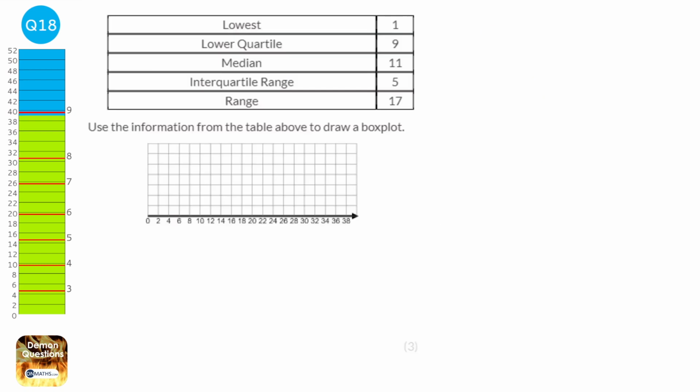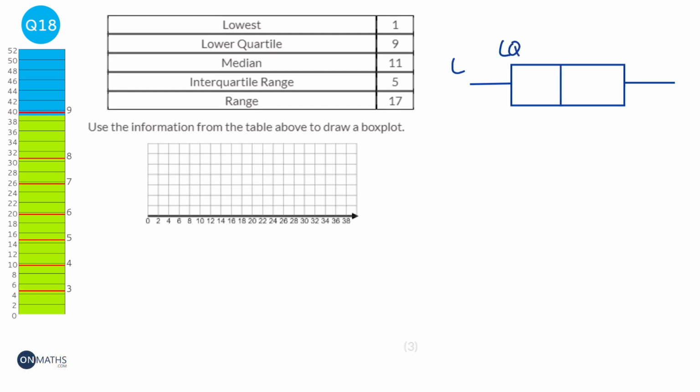A box plot starts with the lowest value, then it goes to the lower quartile. So we have the lowest value, then the lower quartile, and then we have the median, then the upper quartile, and then the highest value. So lowest value is at 1 on this one, and normally we just put a little kind of line at the end here.